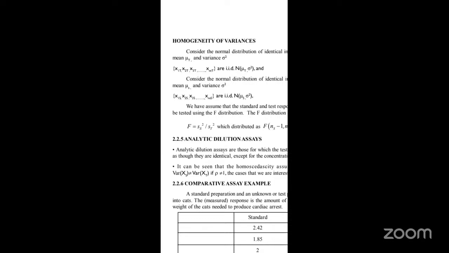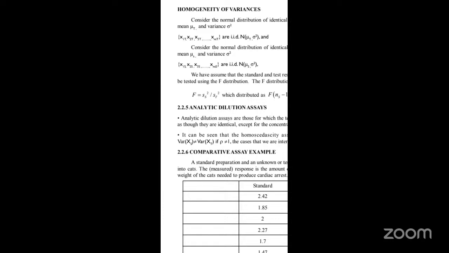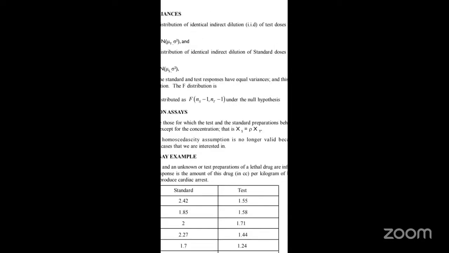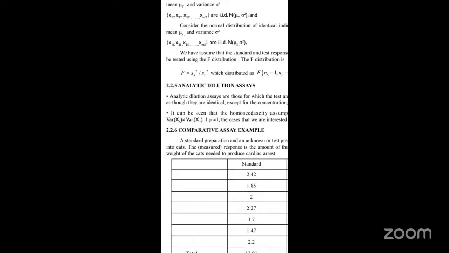Now we assume the F ratio: the ratio of independent chi-square variates is called the F distribution. Here s squared s by s squared t is distributed as F with n_s minus 1 and n_r minus 1 degrees of freedom under the null hypothesis.